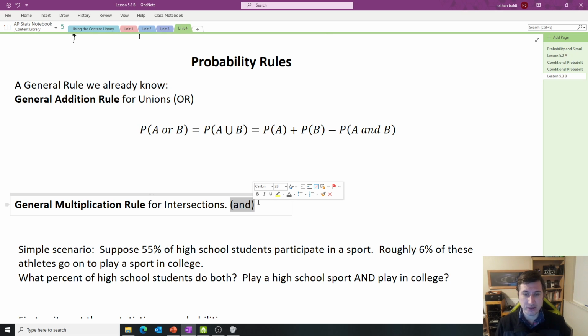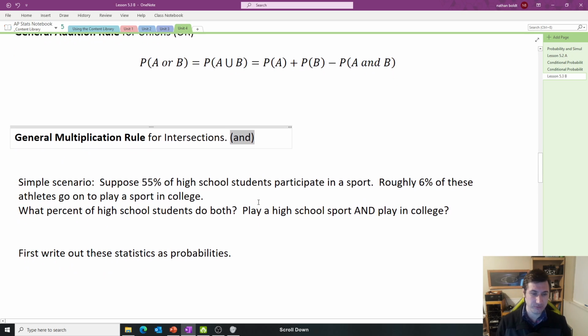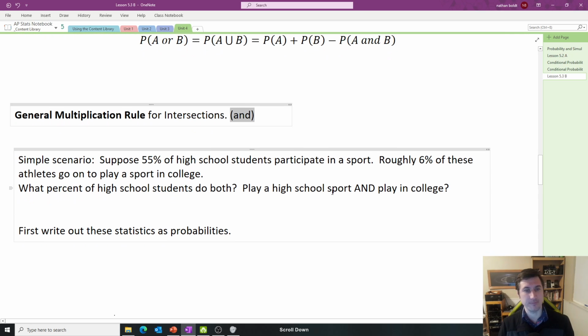So I got a simple scenario here to help us walk through to get to that general formula. Suppose 55% of high school students participate in a sport. Roughly 6% of these athletes go on to play a sport in college. What percent of high school students do both?